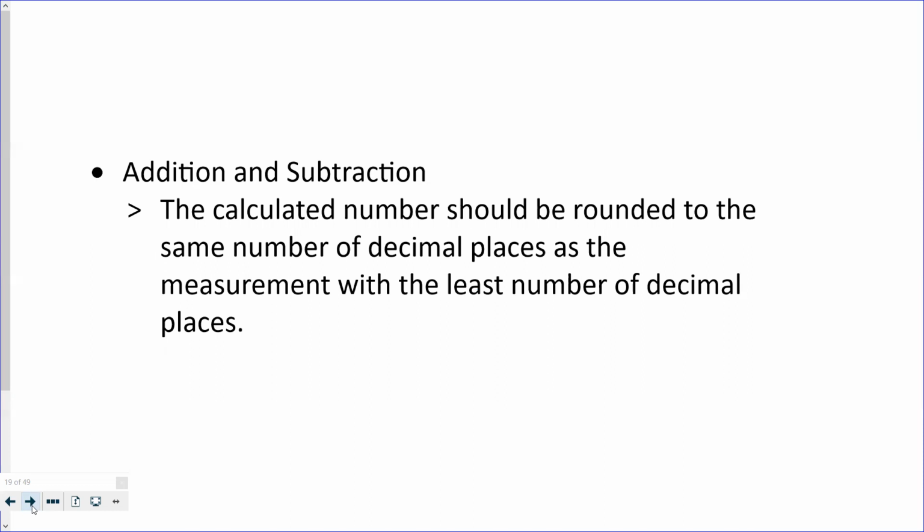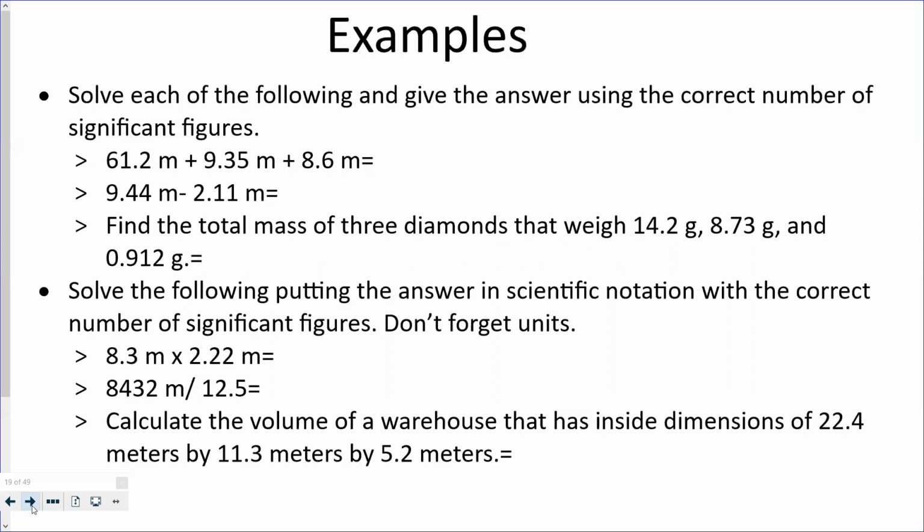For addition and subtraction, you're rounding to the least number of decimal places. Let's do some examples and put this to use. I would suggest putting this in the calculator and figuring out your calculator answer first before trying to figure out where to round. If you try to do too much at once, you tend to miss things.